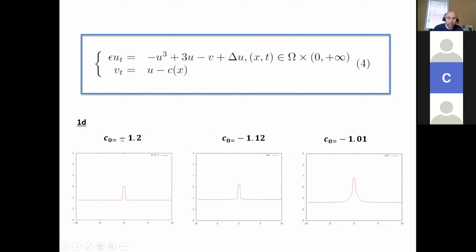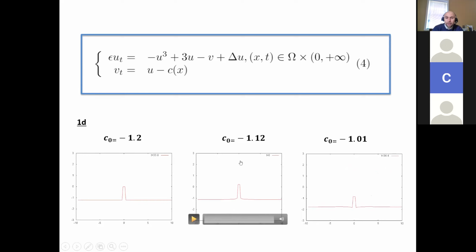So if my C0 is minus 1.2, I don't move. I get a stationary solution. If it is minus 1.01, it does move. I have propagation of excitation through my domain.